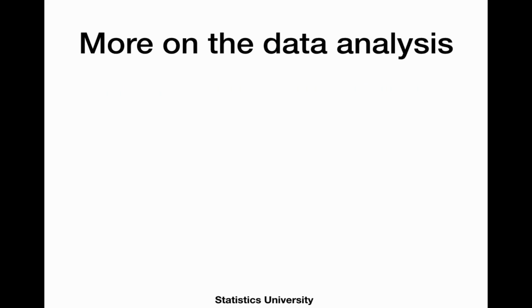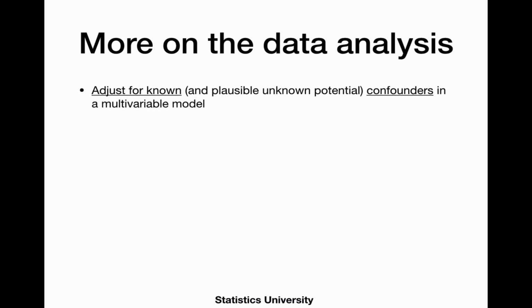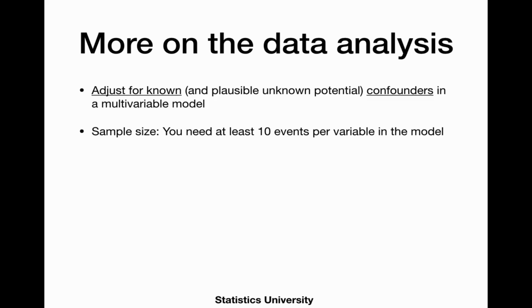There are some more specific points with regard to the data analysis. You should adjust for known confounders in a multivariable model, but also for plausible unknown potential confounders. And you need at least 10 events per variable in the model as a guideline for your sample size determination.